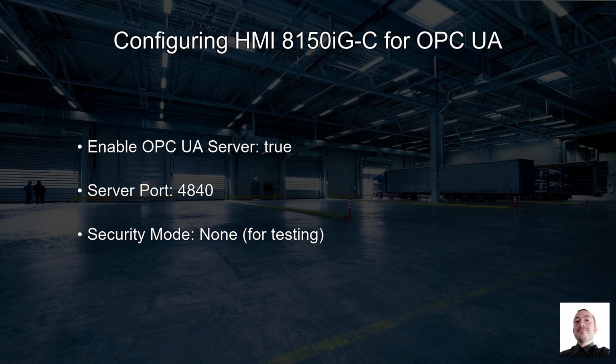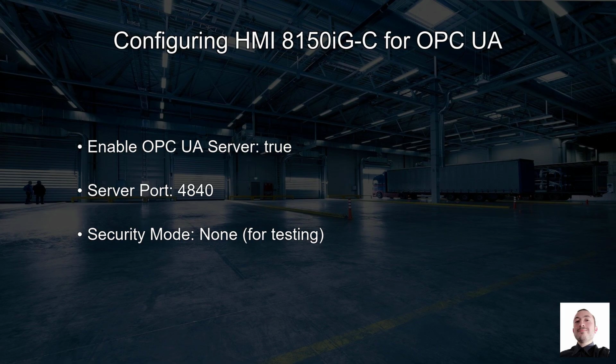To begin configuring the HMI 8150iG-C for OPC UA, navigate to the Settings menu and select the Network tab. Here, you'll find the OPC UA configuration options. Enable OPC UA server functionality by setting the Enable OPC UA server parameter to True. Next, set the server port to 4840, which is the standard port for OPC UA.